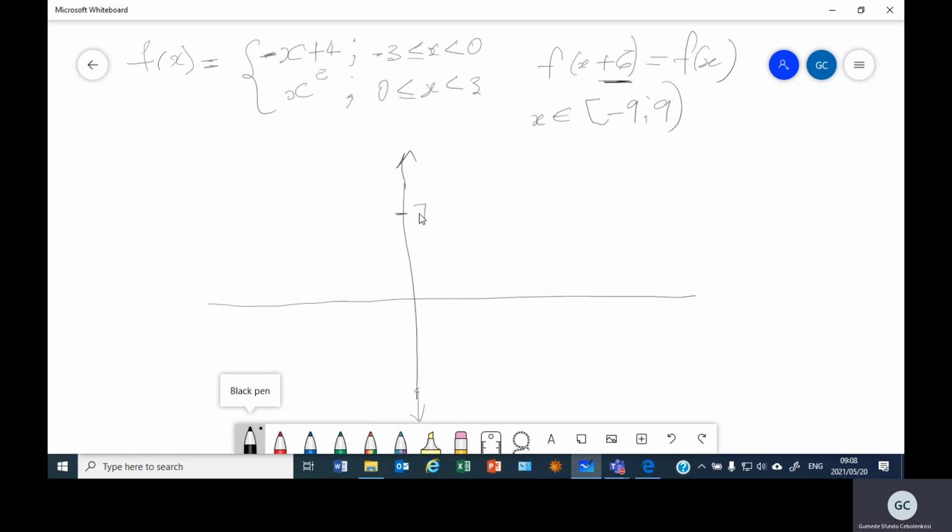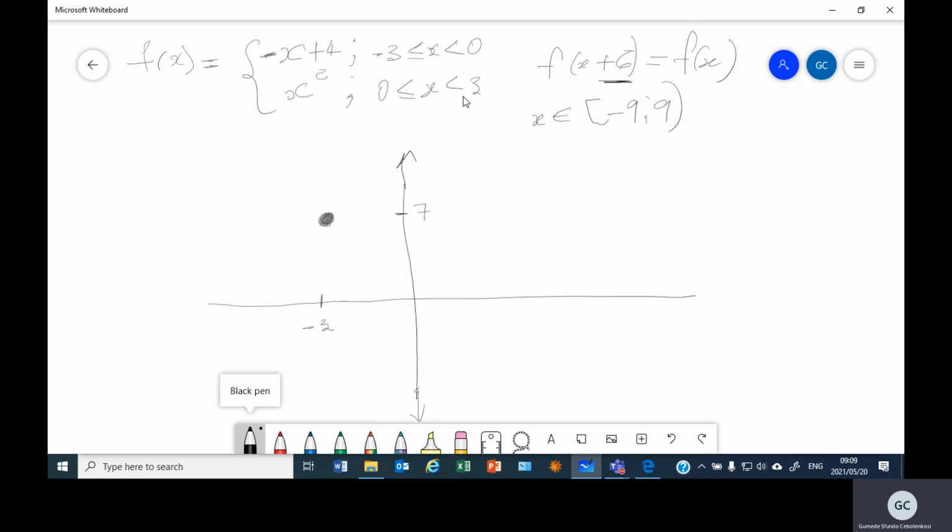My value is 7. So at x equal to minus 3, minus 3 is to 7. And it's a shaded point. Yeah, it's a shaded point. Shaded because there's that equal to. So it's x equal to minus 3.